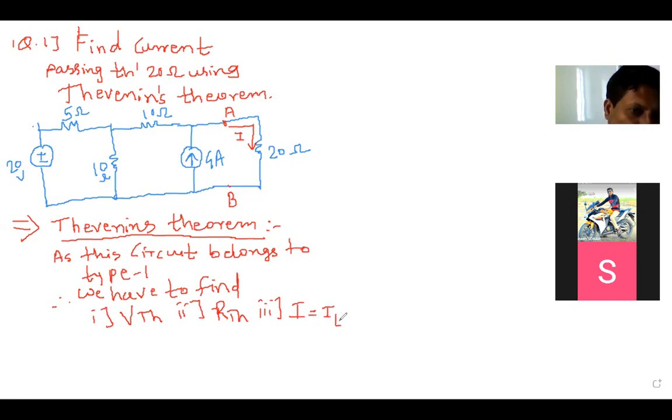So as this problem belongs to type 1, we have to find VTH, RTH, and the current passing through 20 ohm, that is I.